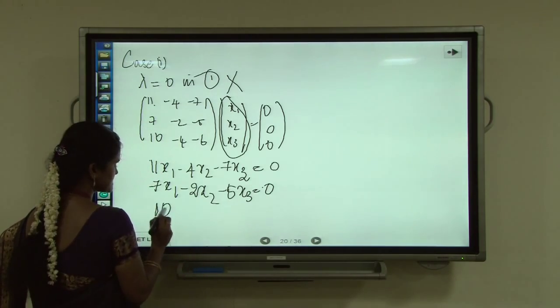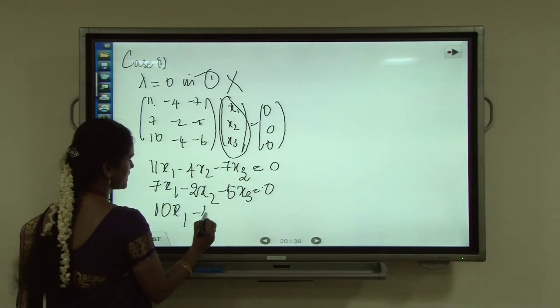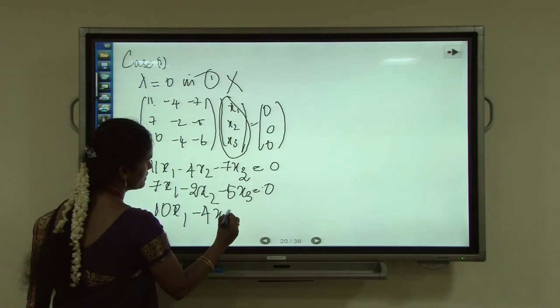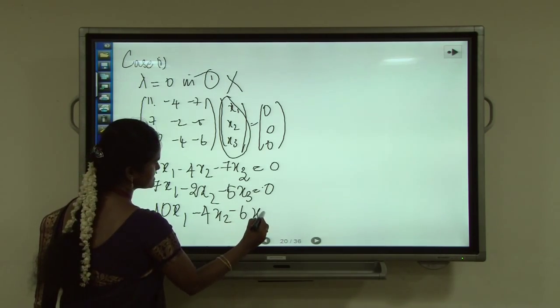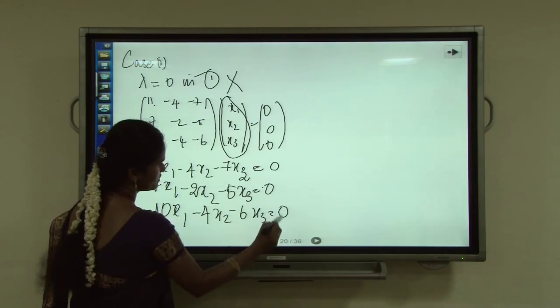The last equation is 10 x1 minus 4 x2 minus 6 x3 is equal to 0.